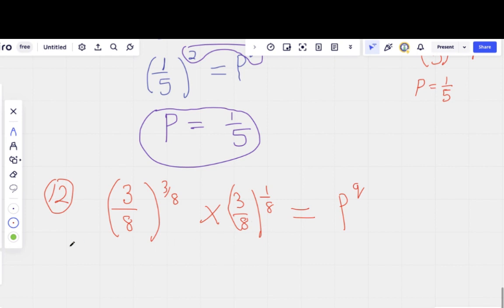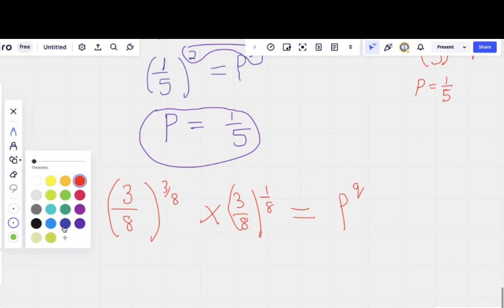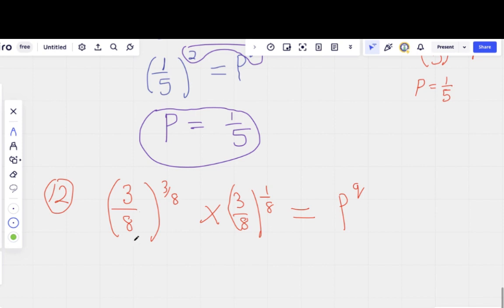Okay, now what we have, you can see 3 over 8 is the base here, 3 over 8 is the base here. It's a find P and Q. So this will be 3 over 8 to the power of 3 over 8. Then, because it's times, you have to add the powers, because the bases are the same.